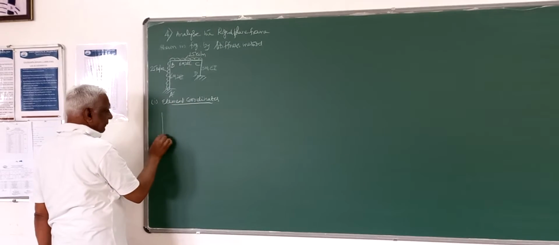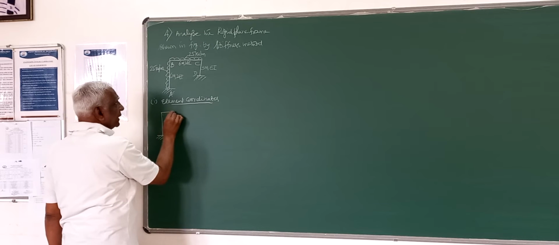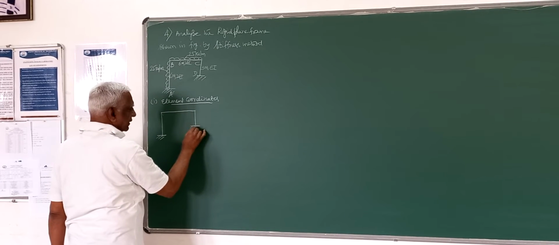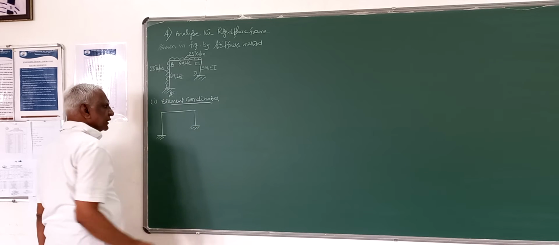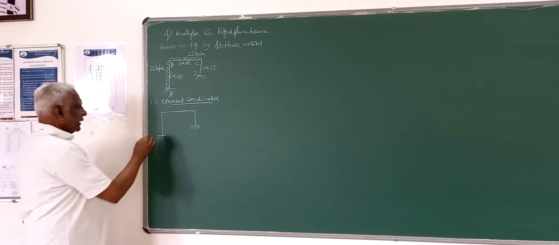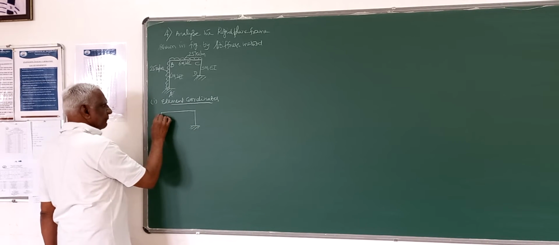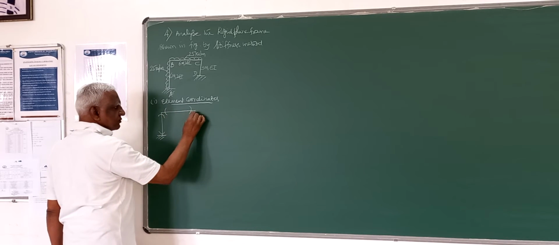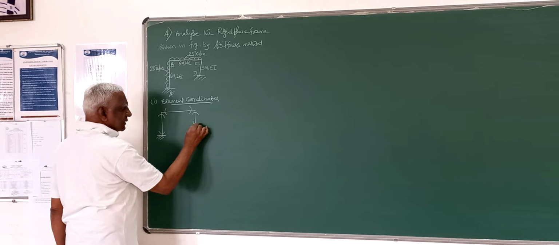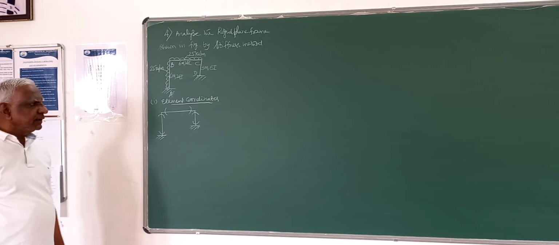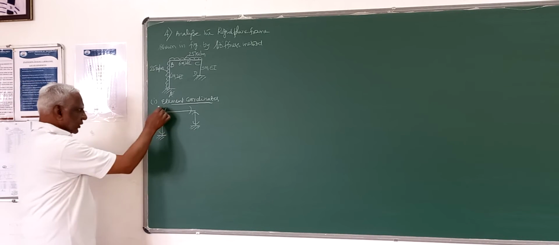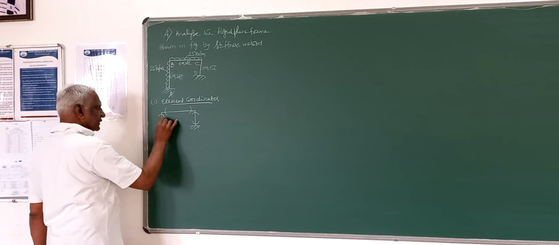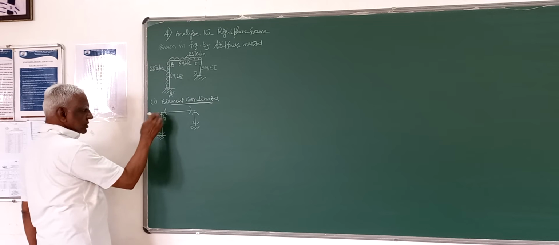So there are 3 elements here, AB, BC and CD. We are choosing the moments at the ends of each of these members as the unknown forces. At AB, the 2 moments, and the coordinate direction is clockwise positive.